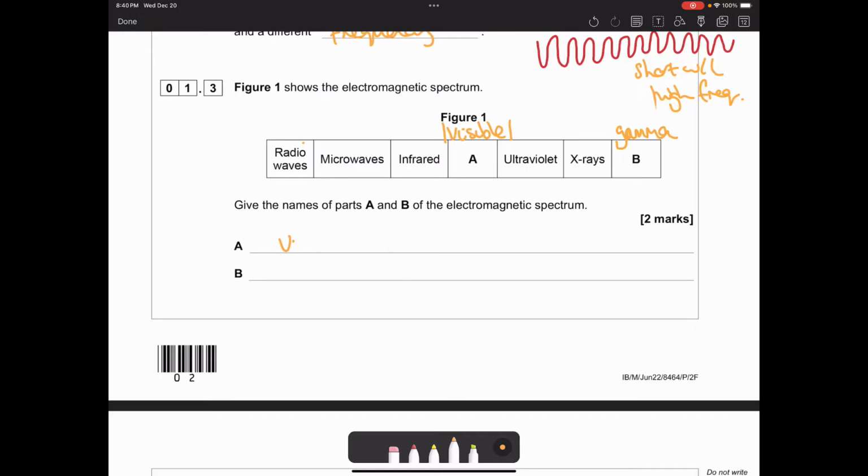So A is visible, and then B is gamma. Okay, so there are loads of mnemonics out there, but you've just got to make sure you know the order of the electromagnetic waves.